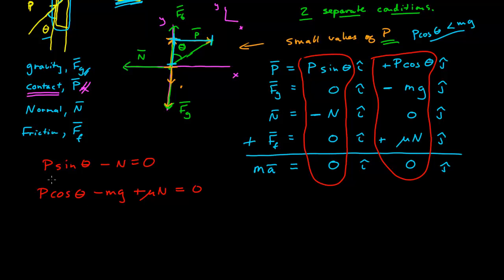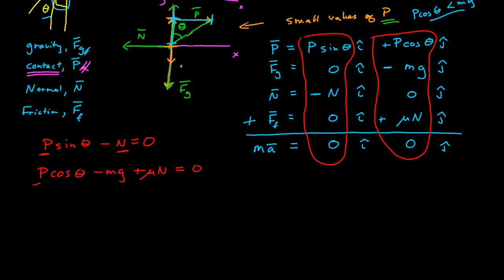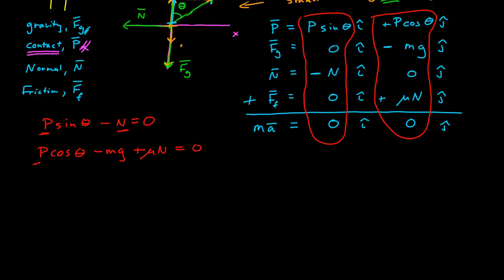All right, I want to know the condition on P. I know theta, mg, and mu. I don't know n. Again, I know them in the sense that the problem says I've been given those, but I don't have a number for them. I'm solving everything in terms of arbitrary values.